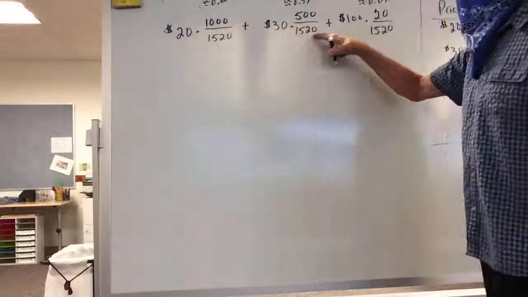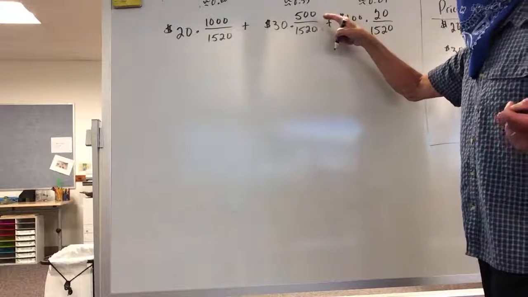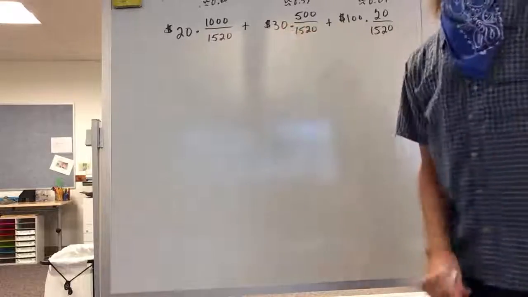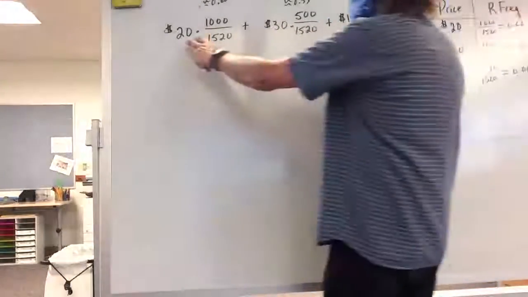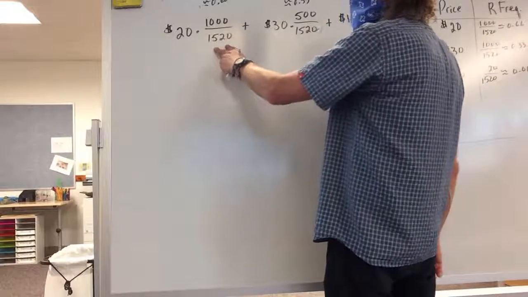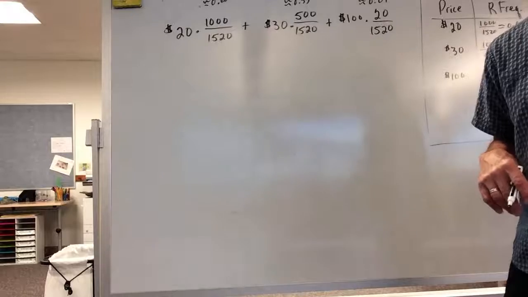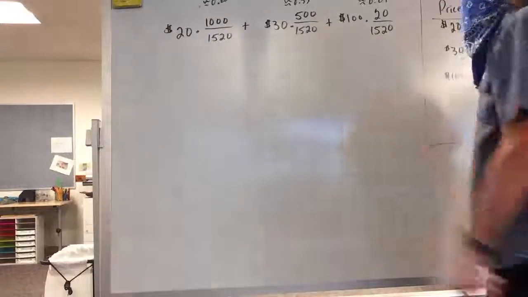Here's the weight of this one. This is weighted at 500 out of 1,520 times $30. So this is kind of like the grade, and that's the number of credits, or the fraction of the credits. And we do that all the way across.